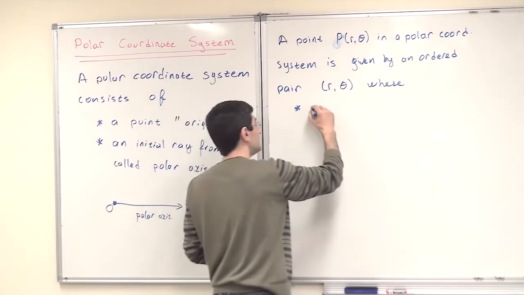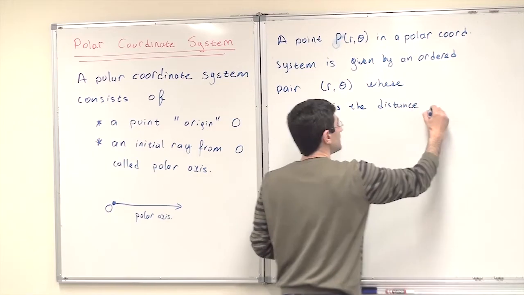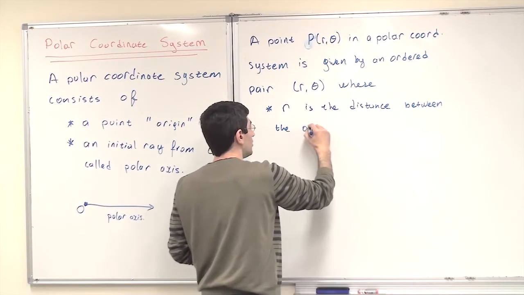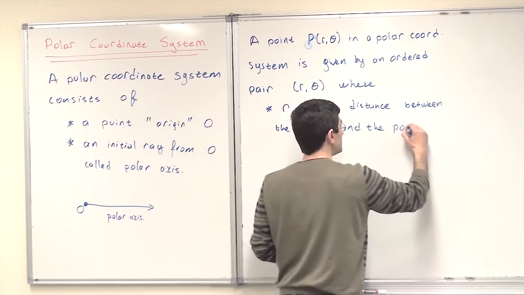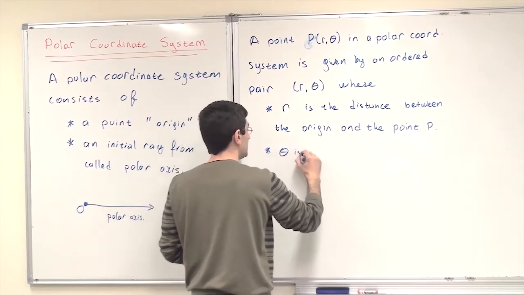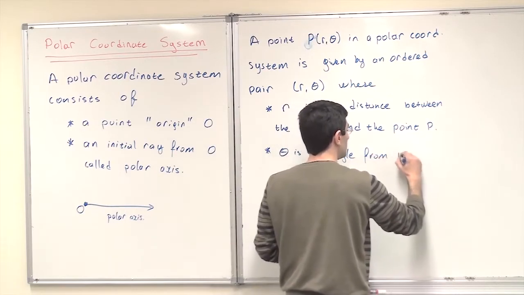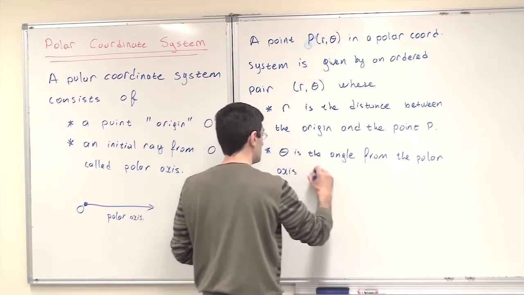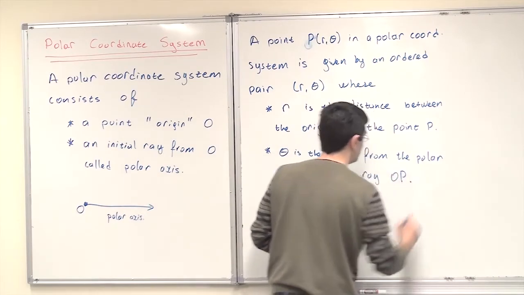R is the distance between the origin and the point, and theta is the angle from the polar axis to the ray OP.